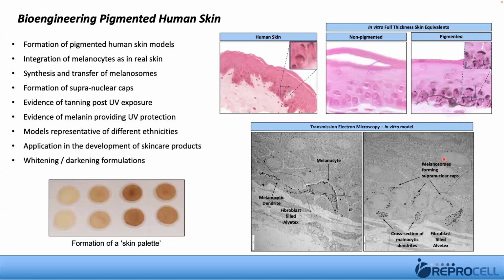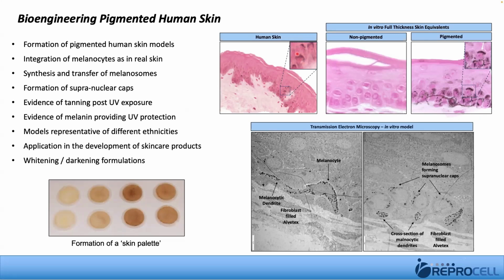So here's an example of where we've incorporated an additional cell type. This is the melanocyte. So melanocytes produce melanin, and they transfer those melanosomes via their dendrites to the adjacent keratinocytes. The melanosomes then form a supranuclear cap above the nucleus in real skin. So you can see that very nicely here.